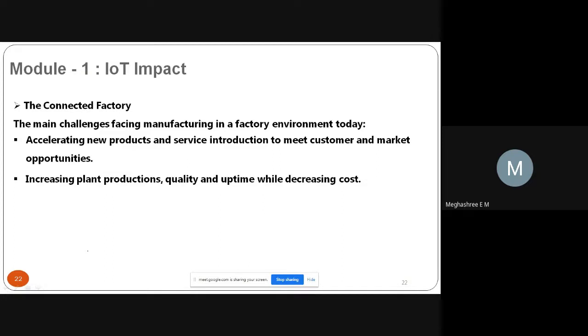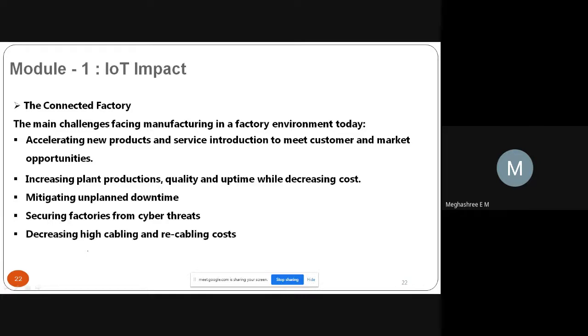Next, increasing plant production, quality and uptime while decreasing the cost. Next, mitigating unplanned downtime, securing factories from cyber threats, decreasing high cabling and recabling cost, and the last one is improving worker productivity and safety. So these are the challenges faced by the factory nowadays.